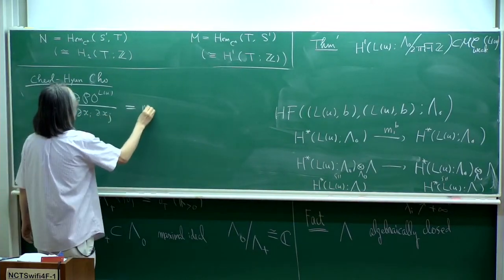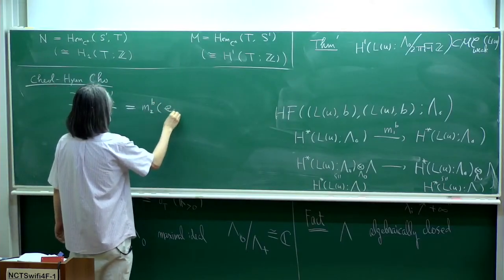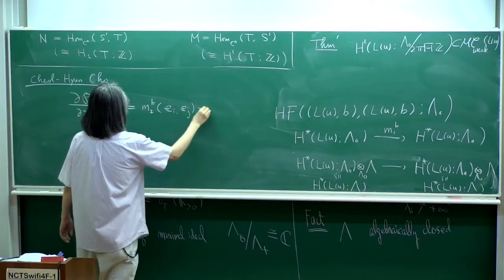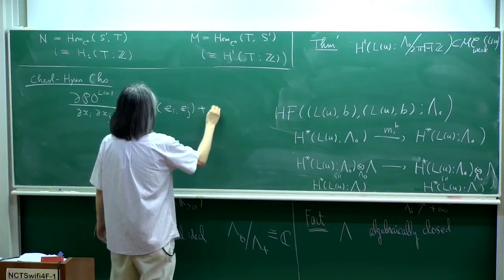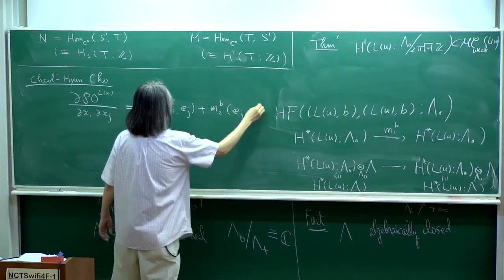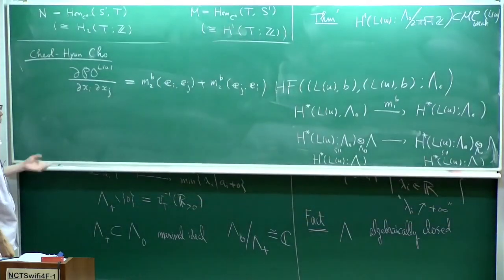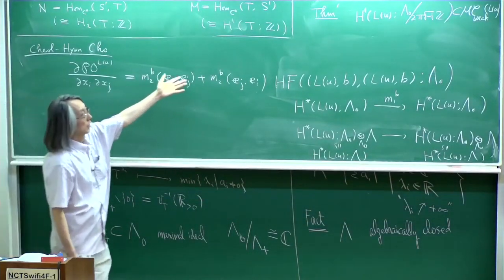Then what you get is actually M2B of EI, EJ plus M2B of EJ, EI. So this is just a similar computation as I explained here.